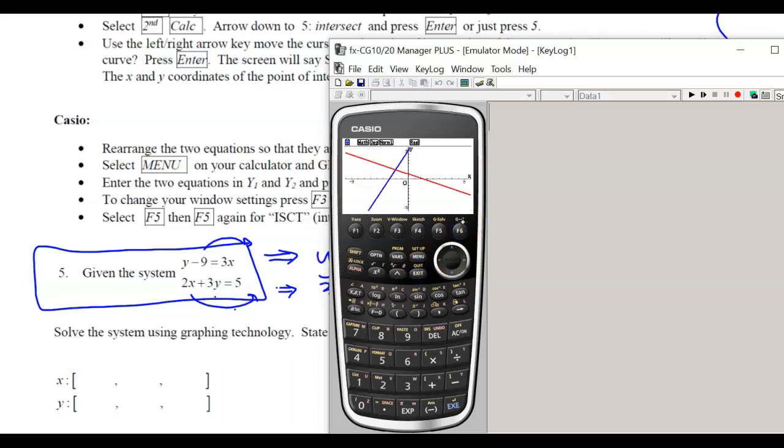Okay. Now the thing is, you want to get the exact point of intersection. Sometimes it's nice numbers, sometimes it's decimals, especially for applications. So you want to use the intersect feature. For a Casio, it's F5 for G-solve.